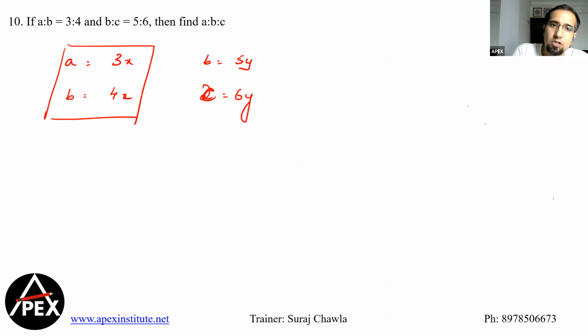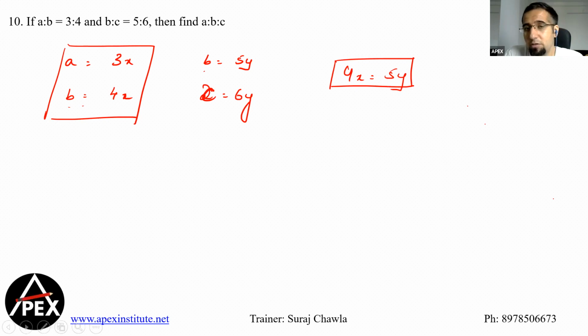Now, since B and B are equal, you will have to equate 4x is equal to 5y. That's why we are not getting into the mathematical side of it. Since these two B's are the same, you have to equate these two values, get x in terms of y, and do a lot of changes, which becomes very mathematical in nature.